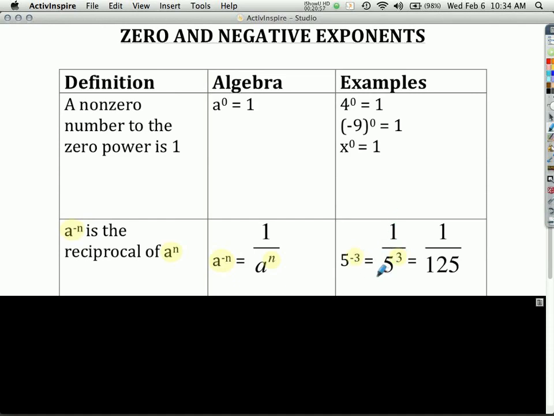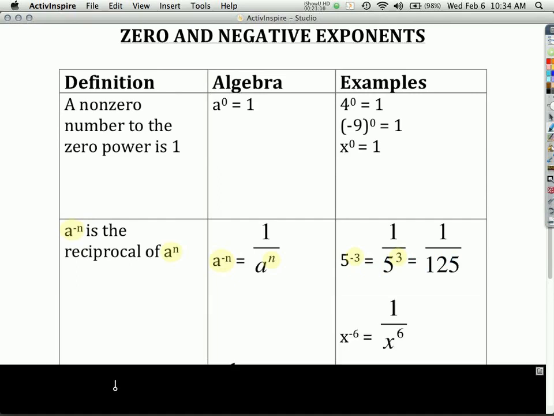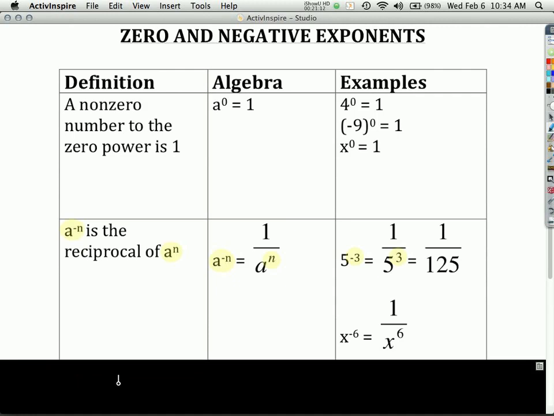Once you do the reciprocal, you drop the negative sign. Now simplify. 5 times 5 times 5 is 125. Okay? With an algebraic expression, x to the negative 6th really means 1 over x to the 6th. Once you flip it, you drop the negative.